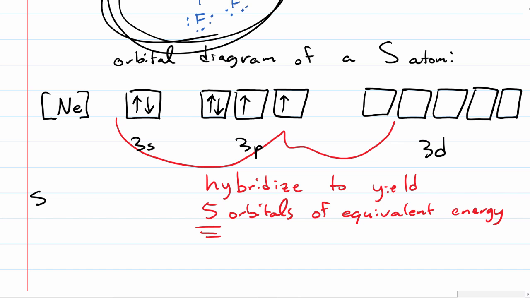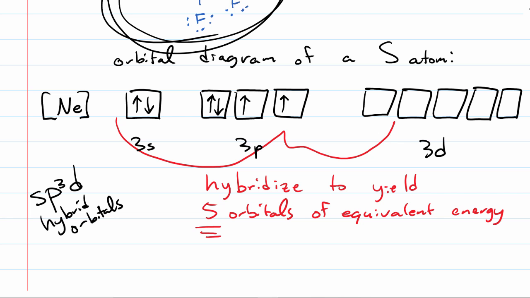We used how many S's? 1 of them. How many P's did we use? 3. And how many D's did we use? 1. So these are going to be called sp3d hybrid orbitals. And again, they're called sp3d hybrid orbitals because we use 1 S, we use 3 P's, and we use 1 D orbital to make it.